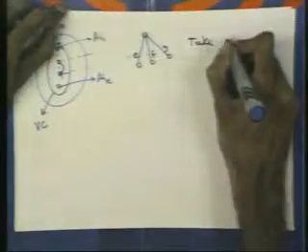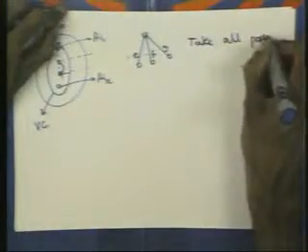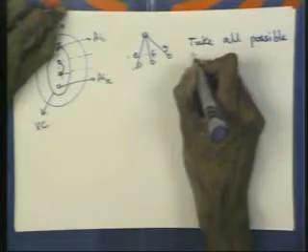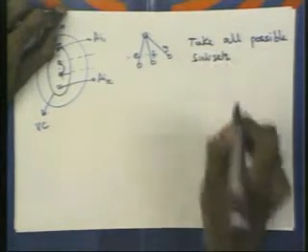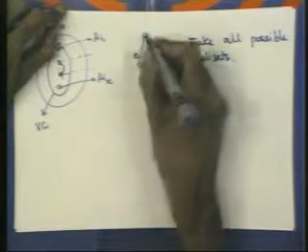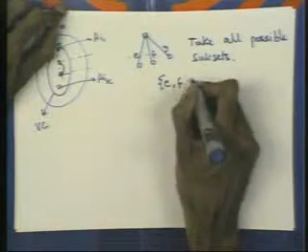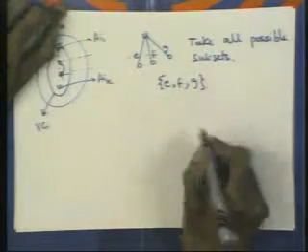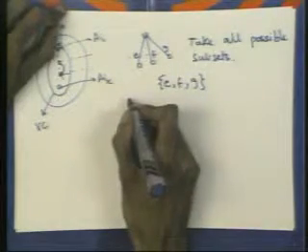So the trick is to just take all possible subsets. Initially, with a vertex I had the set {E, F, G}. Now I'll have many of them.